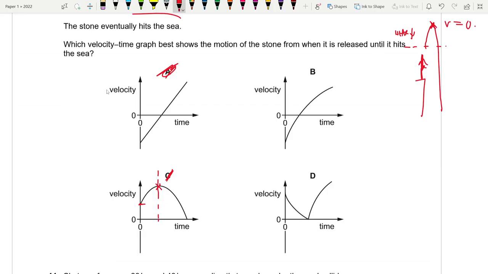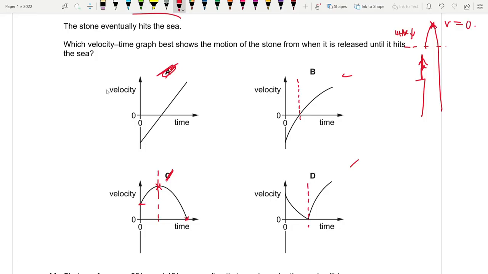Do you guys get it? It actually hit 0 when it hit the C, but we don't know if it's going to be 0 when it hits the C. It might still go downwards, right? So C is wrong. It's between B and D because in both these cases, we have a certain time at which velocity does reach 0.